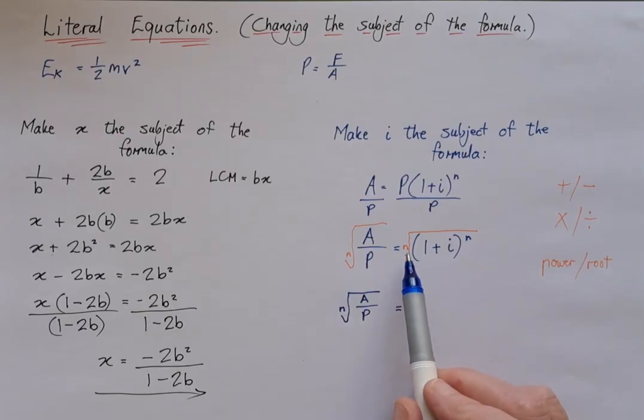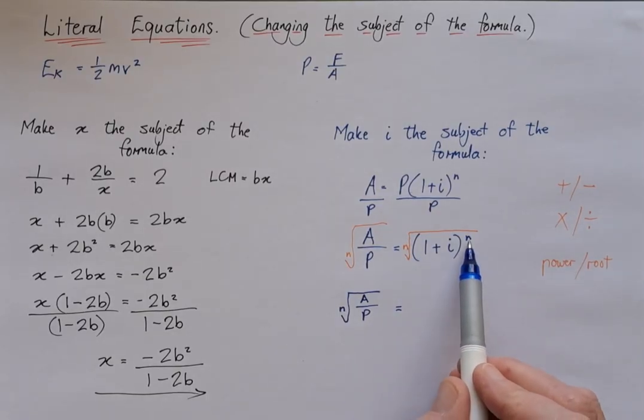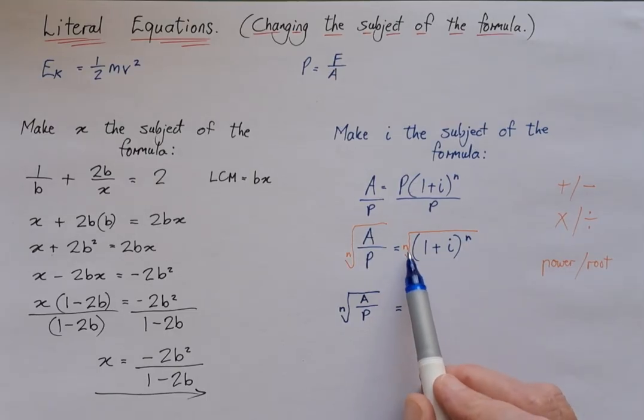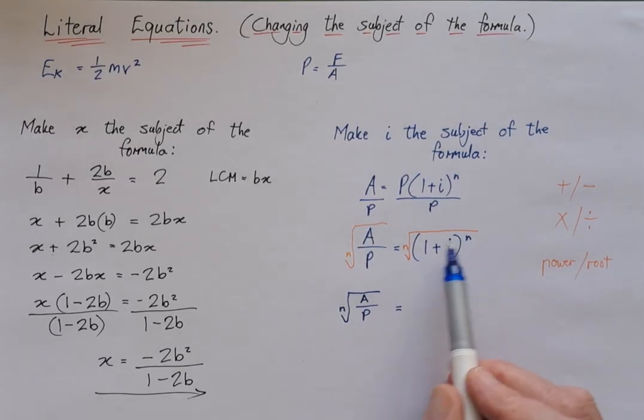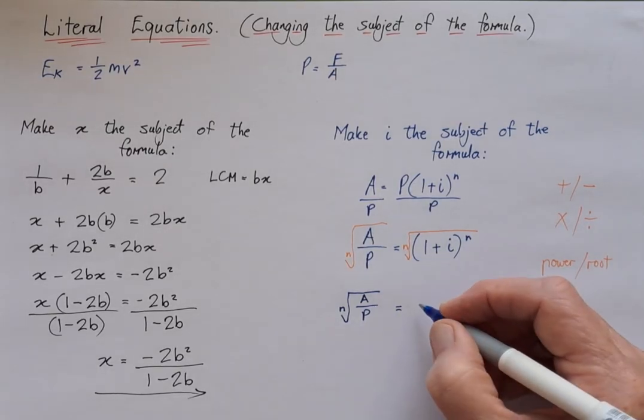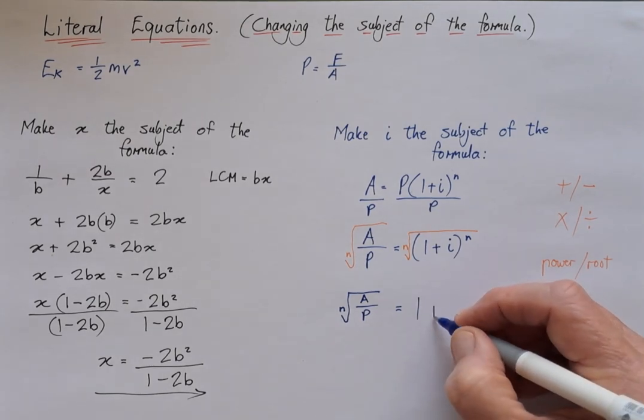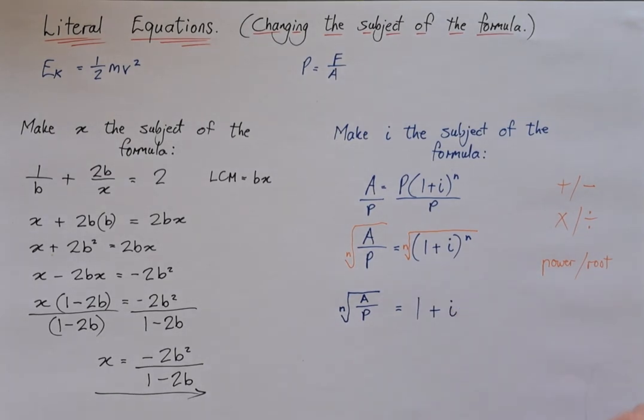Remember, because these are inverse operations, if I'm raising something to the power of n but also finding the nth root of it, those two operations cancel each other out. So I'm now just left with 1 plus i, which is fantastic because I'm trying to get the i on its own on one side.